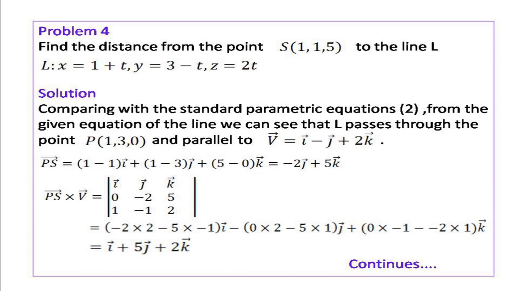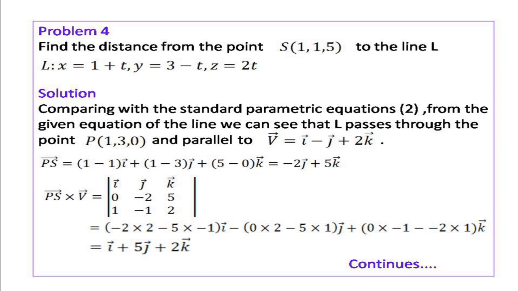Consider the problem. Find the distance from the point S(1, 1, 5) to the line L. L is given to be x equal to 1 plus t, y equal to 3 minus t, z equal to 2t.